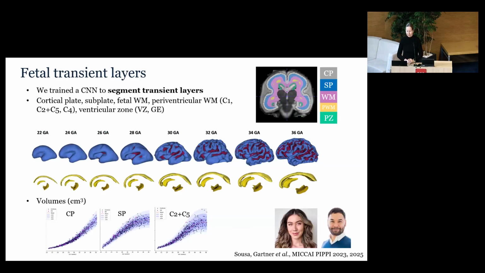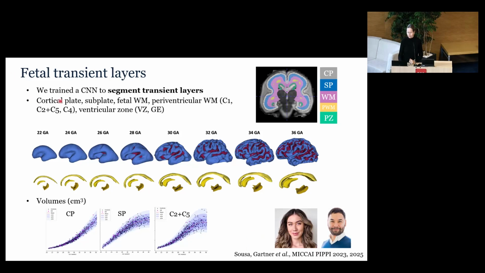One of the things that we've been working on for maybe 3 years is segmentation of fetal transient layers. We are really interested in those. So we have a trained convolutional neural network. It's an attention U-Net that was done by my PhD student, Helena.